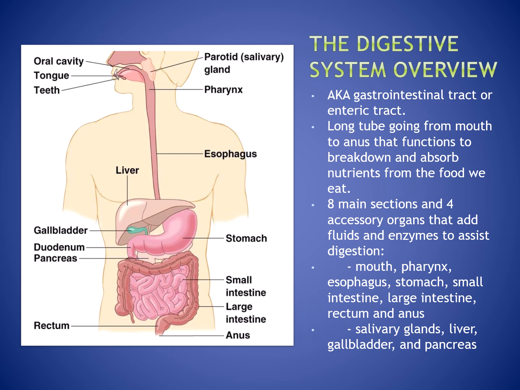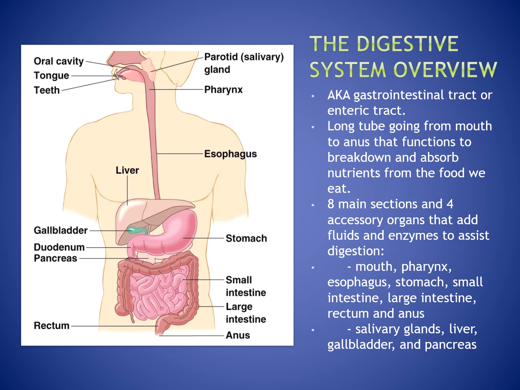So the digestive system, or gastrointestinal tract, or sometimes called the enteric tract, is essentially just a tube that goes from your mouth through your body, does a bunch of loops and spins and turns around in your abdomen, and then there is an exit through the anus. So essentially all it is is this gigantic canal that goes from your mouth to your tush.